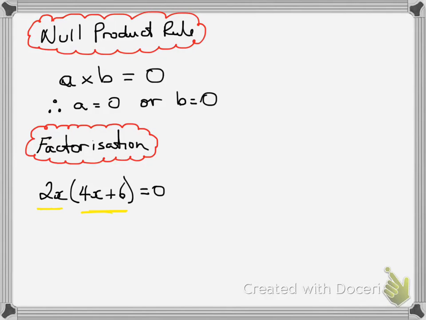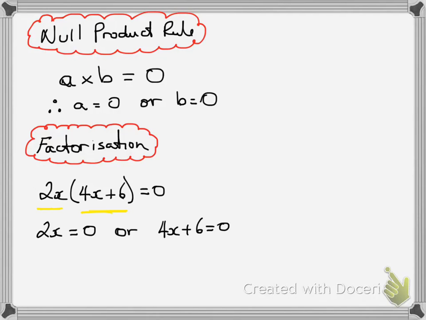Therefore, what that really comes down to is that 2x must equal 0, or 4x plus 6 must equal 0.